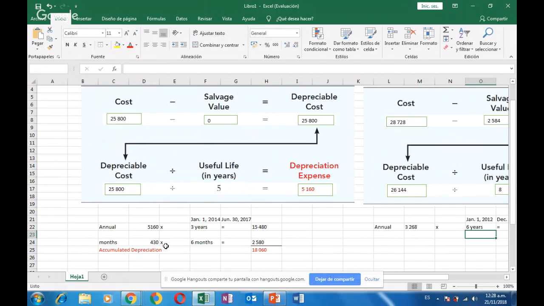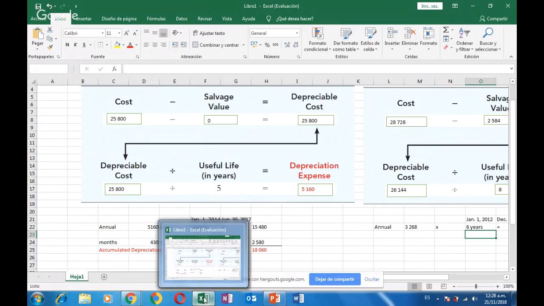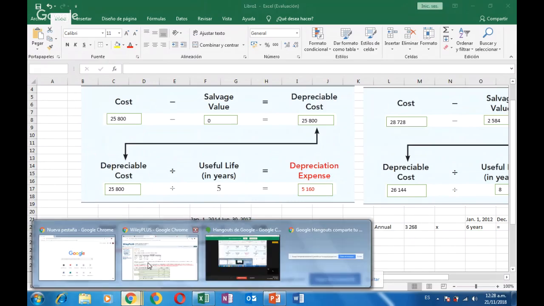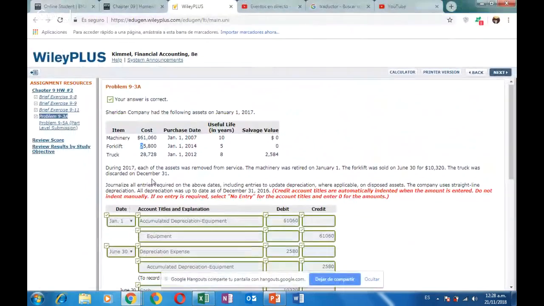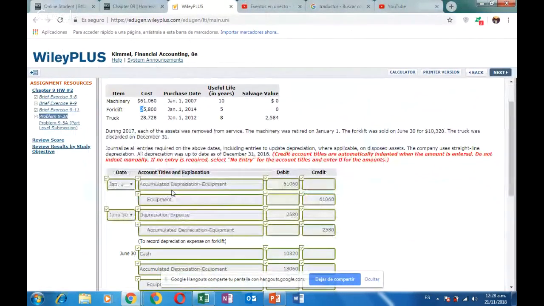And this we multiply by 6 months because there are 6 months during this year, and it gives us 2,580. And we will record depreciation expense and accumulated depreciation, equipment.